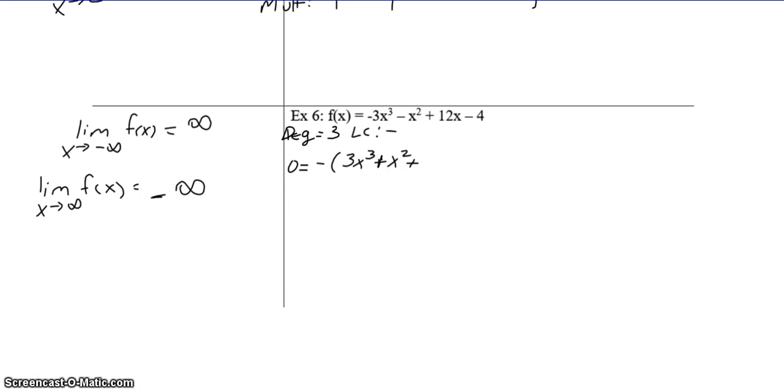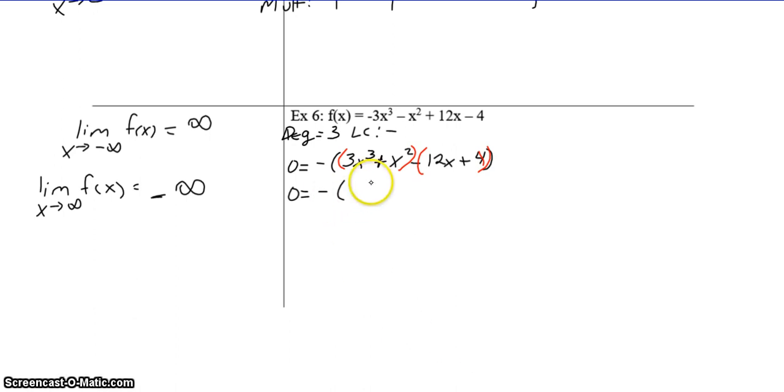That's got to be a negative 12x and a positive 4. So can we factor by grouping? First two, last two.